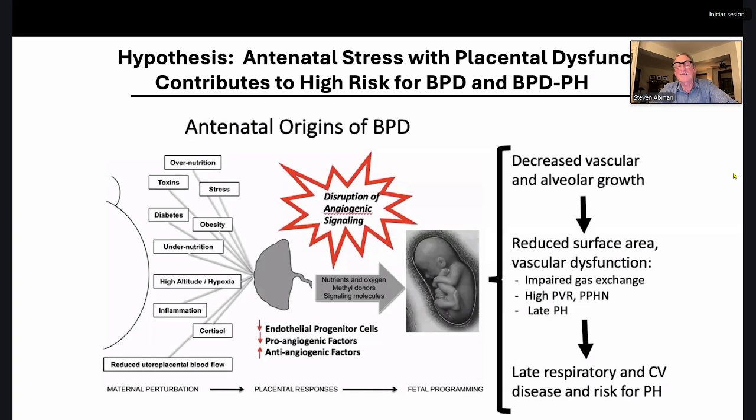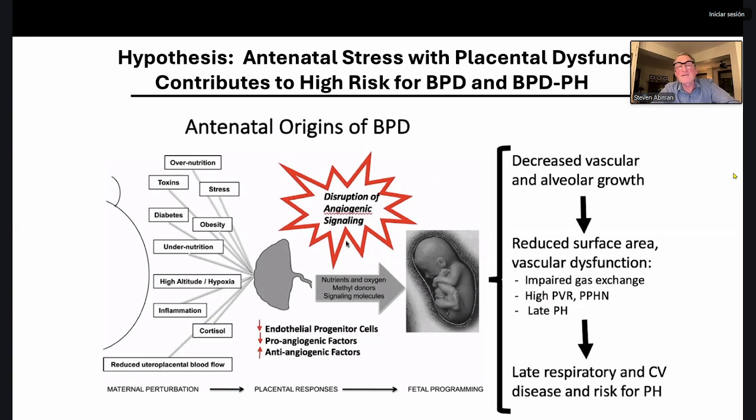We further then went on to say, gosh, if this is true, what do we know about human disease? Can we show that, like our animal models, that some sort of maternal stress, whether it's chorioamnionitis, preeclampsia, many ways we could mess up the placenta, right? That somehow that messed up placenta speaks to the fetus, alters fetal programming, leading to reduced vascular and alveolar growth, setting the stage for a more difficult NICU course with impaired gas exchange, maybe PPHN physiology, or even the progression to late PH, and then the late cardiopulmonary sequelae.